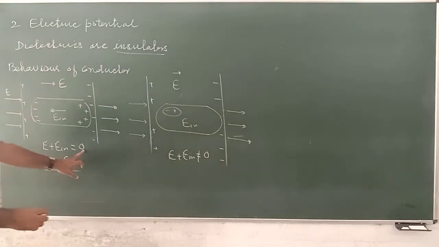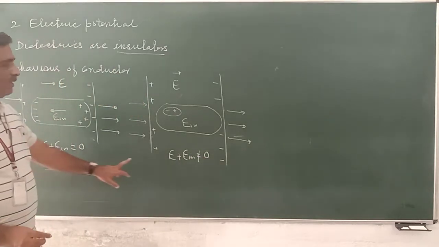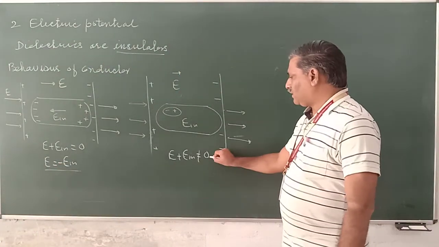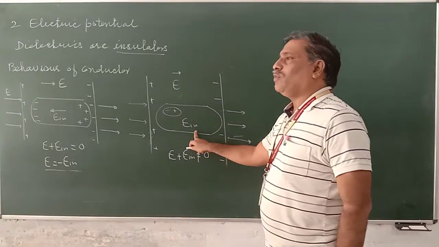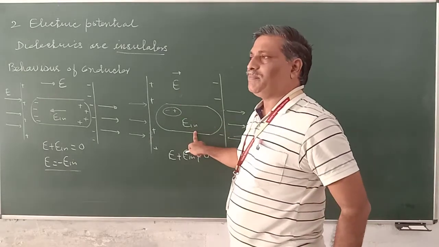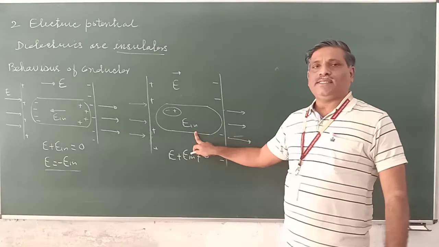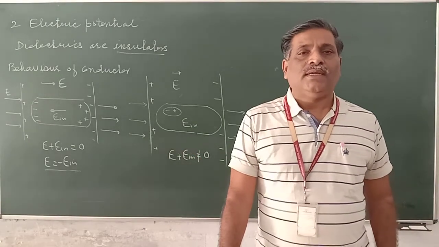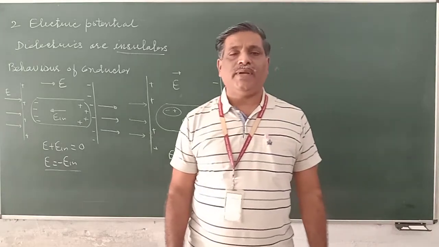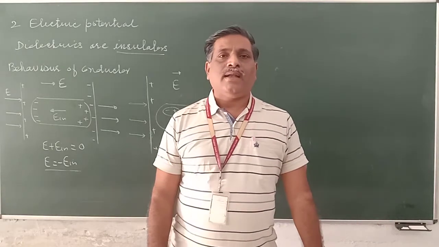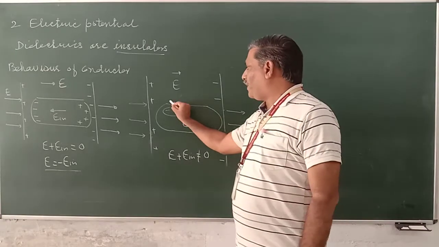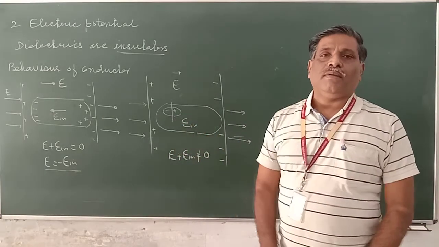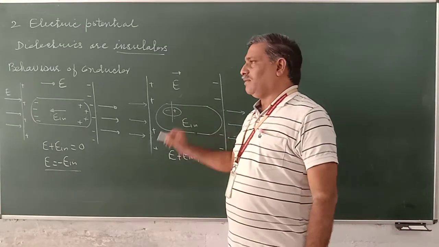Here in the conductor the addition of these two becomes 0, here the addition of these two does not equal 0. Polarization takes place, but not to the extent that it cancels out the external electric field. This is the basic difference between dielectric and conductor. This is happening because of this slight separation between charges at the atomic level.